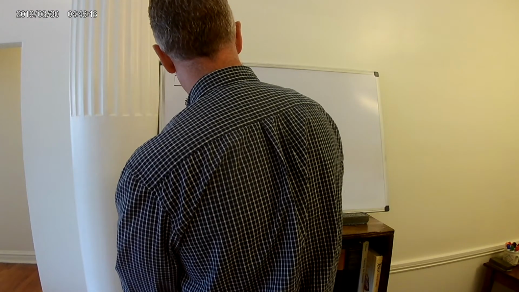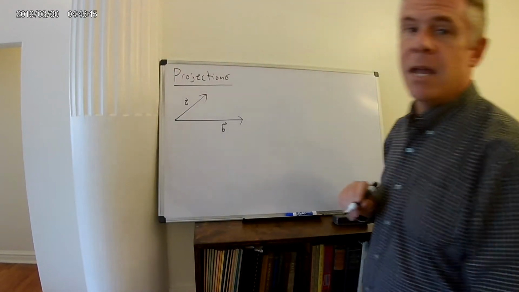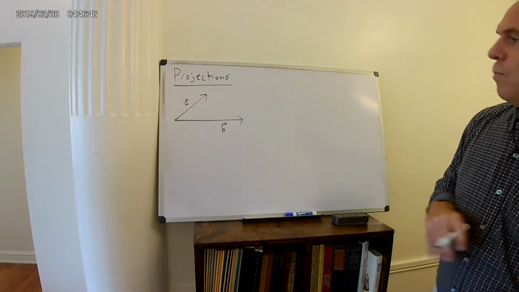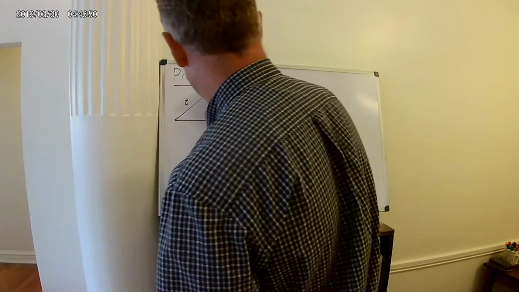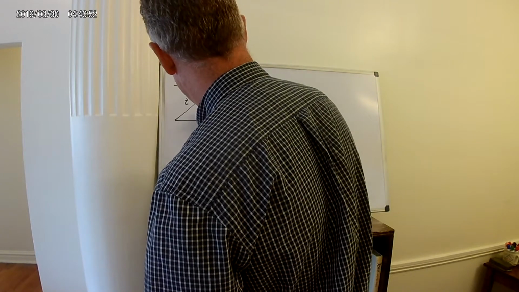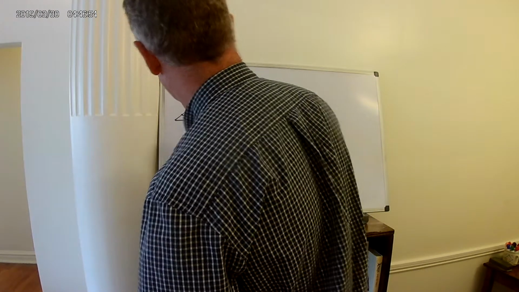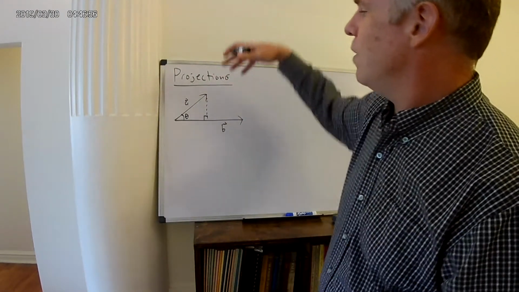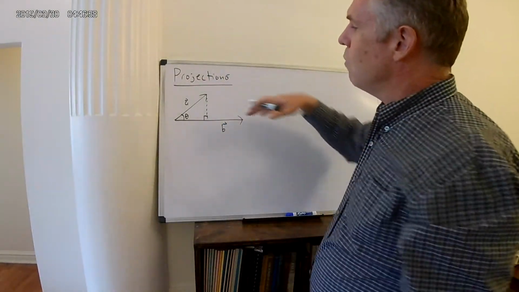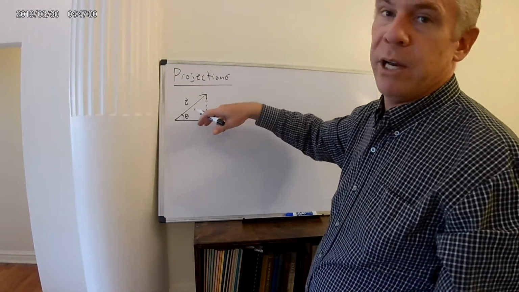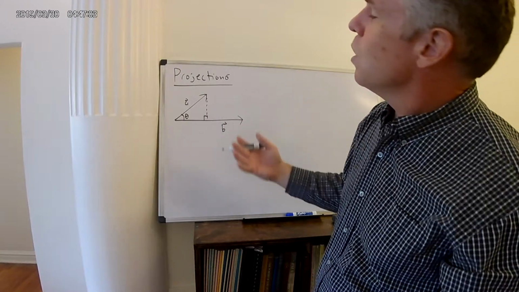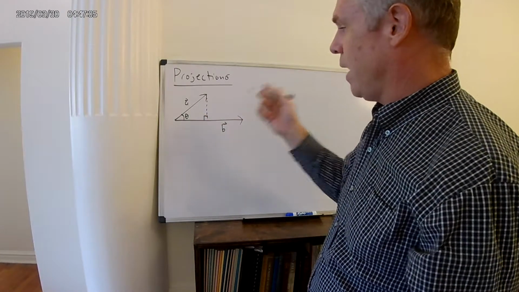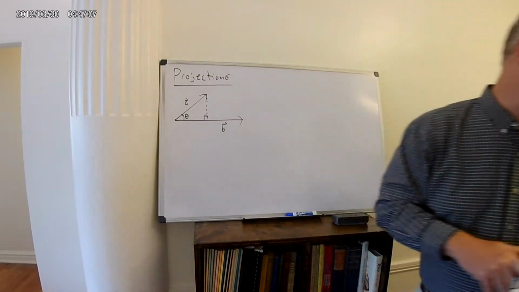Another vector is a vector B, pointing like this. I might be interested in the projection of vector A onto vector B, okay? In other words, if I shined a light from above, what would the length of the shadow of vector A onto B be? Or in other words, how much A-ness is there in vector B? Okay, and that's called a projection.